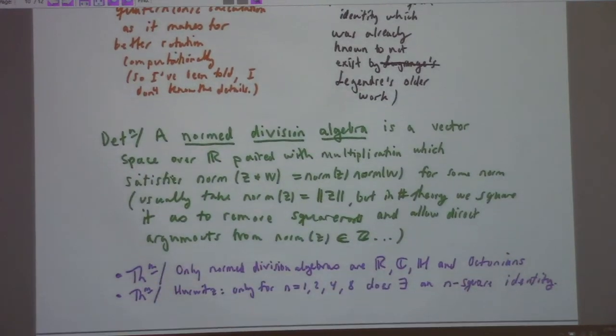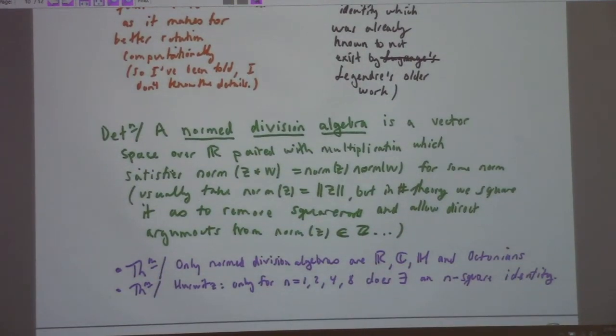But the more interesting thing on this page is an overview of what the possibilities are. We can talk about a normed division algebra. It's a vector space over the reals paired with a multiplication, and it satisfies a multiplicative norm.